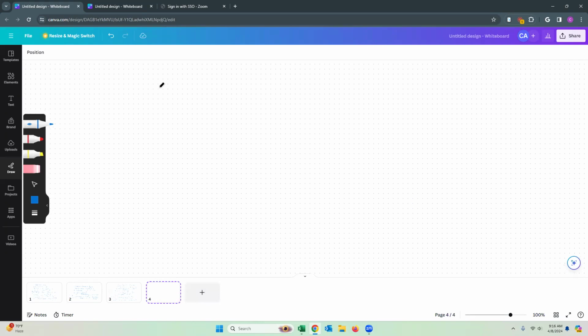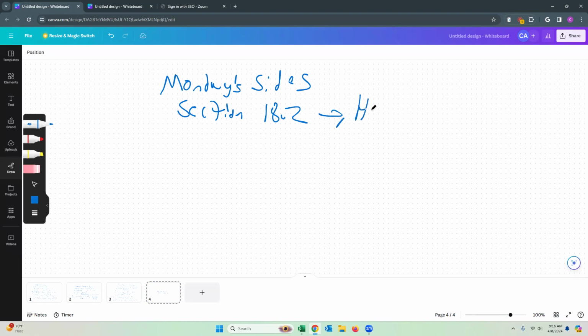And right now I am on Monday's slides. The first slide for Monday is simply titled section 18.2, and these are Henderson-Hasselbalch example problems.